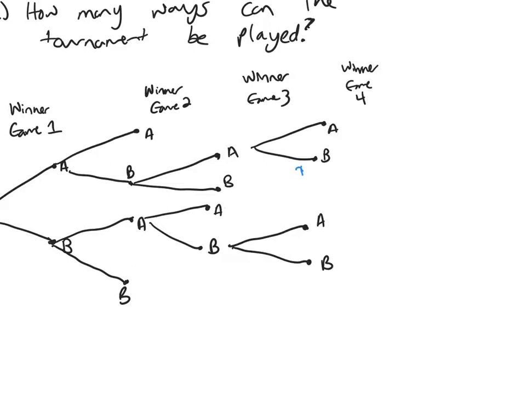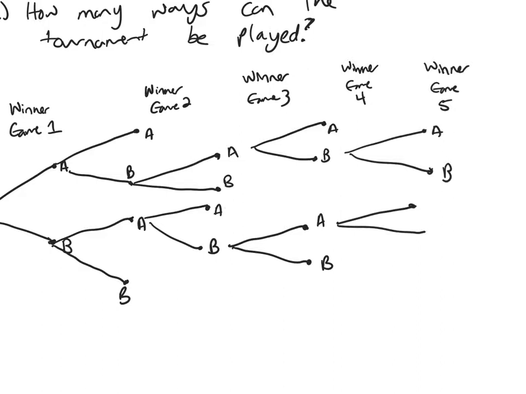So this one would have to go off to a game 5, and again, either A or B could win. Along here, each team has won twice. Nobody's won twice in a row. So this one would have to branch off into a game 5, A and B. But if I look at this last one, B has won twice in a row, so the tournament would end.